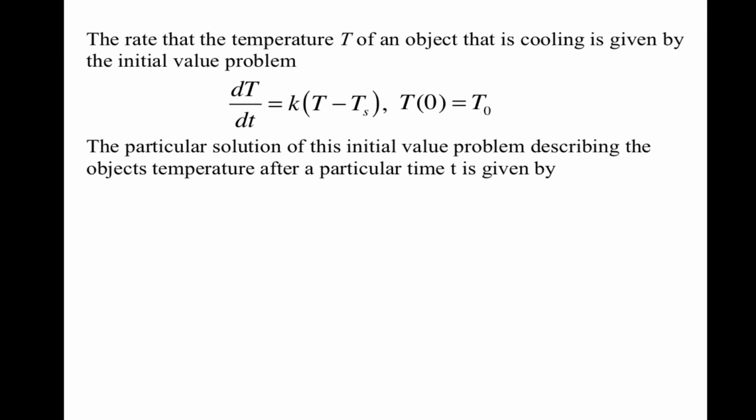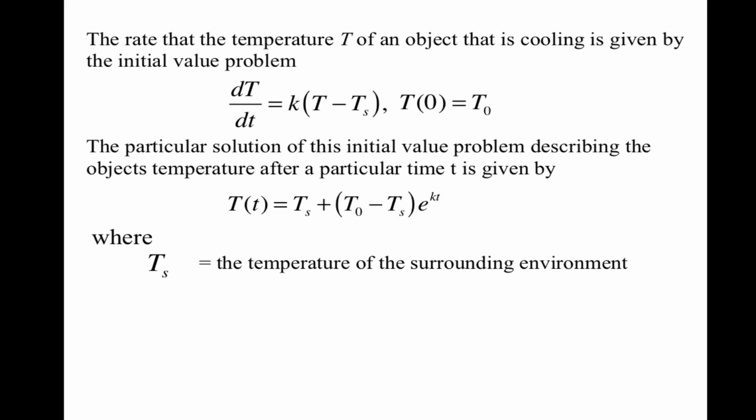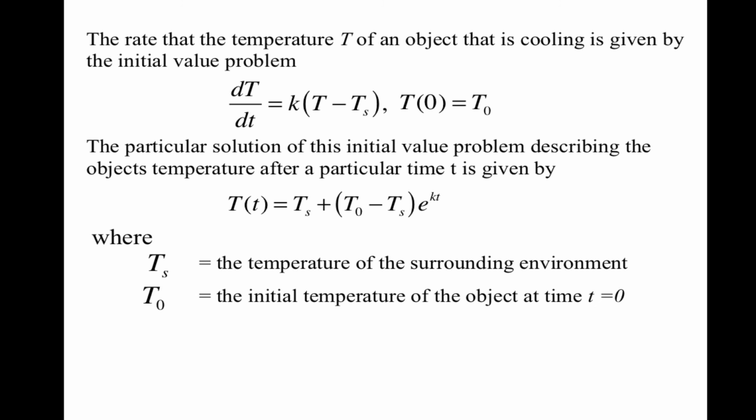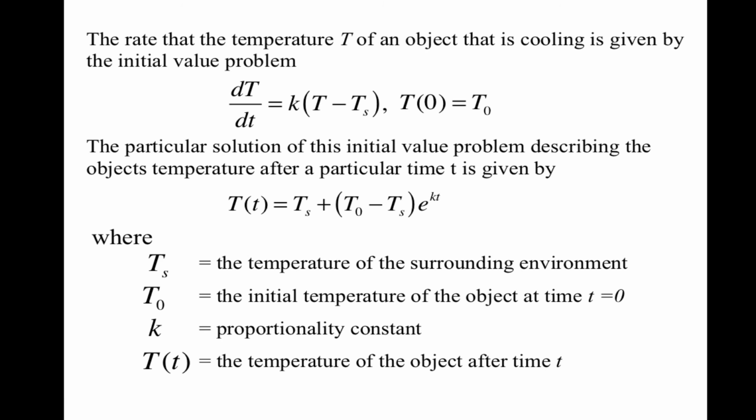So the particular solution of this initial value problem describing the object's temperature after a particular time t is given by T of t equals T sub S plus (T naught minus T sub S) times e to the kt, where T sub S is your temperature of the surrounding environment, and that's a constant. T naught is your initial temperature of the object at time t equals 0. K is your proportionality constant, and T of t is the temperature of the object after time t.